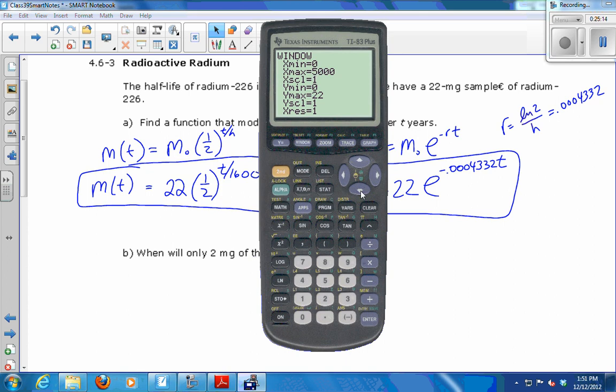And for Y, that's representing the amount of radium. We started with 22 and it's decaying, so I went from 0 to 22 for Y. When you graph it, you see this is the one that has 1/2 to the t over h, Y1, and then we have Y2, graphing the e to the negative rt. So you see that they're exactly the same function, just written in a different way.